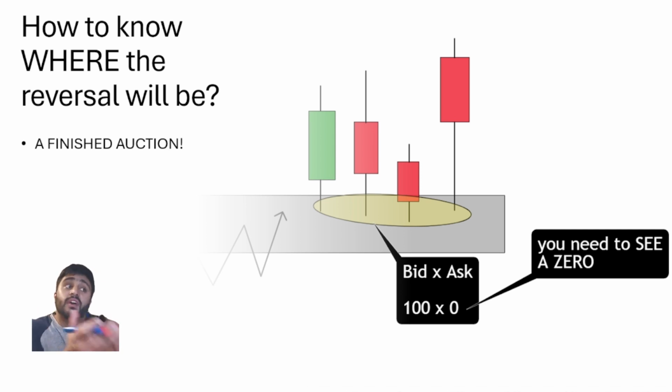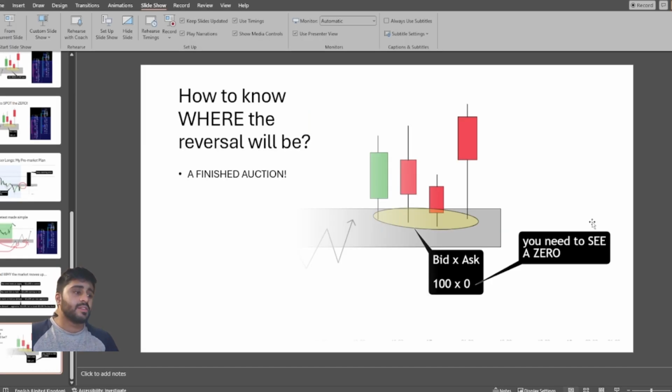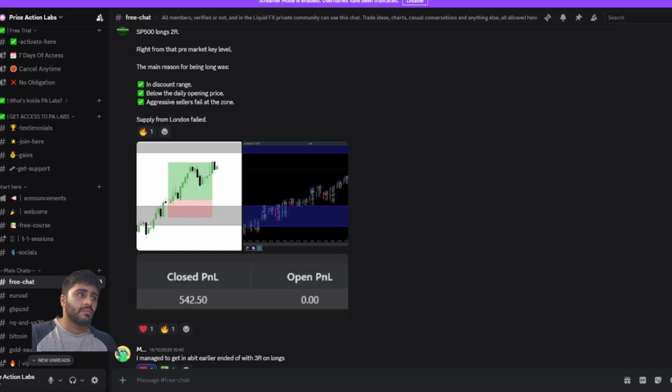So you can see via the order flow footprint charts that a reversal is much more likely because there's a 0 on one side. We call this a finished auction. There is a much higher probability of a reversal when you see a 0 on one side of the footprint charts. So that's something to look out for as well.